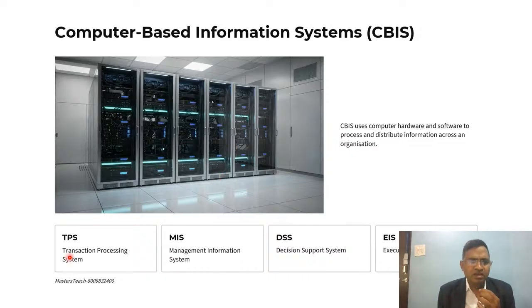One is TPS, transaction processing system; MIS, management information system; DSS, decision support system; and EIS, executive information system. These are the computer based information systems. When asked in the exam, you are supposed to write these.